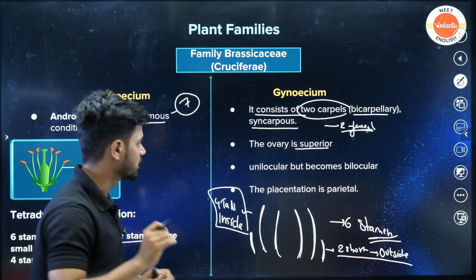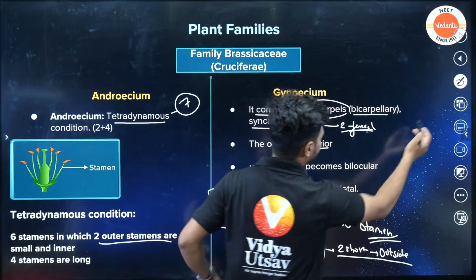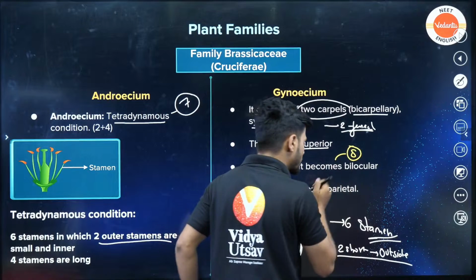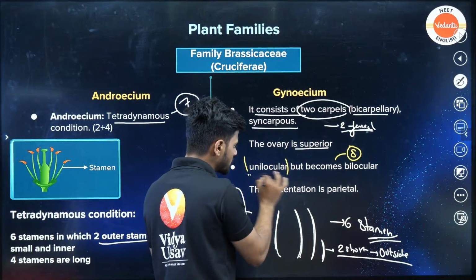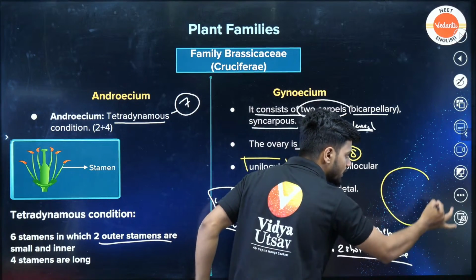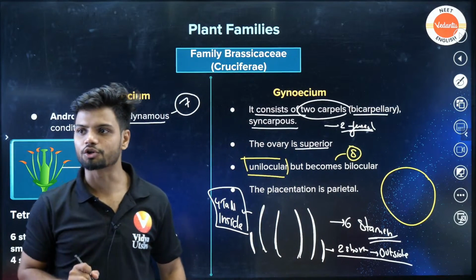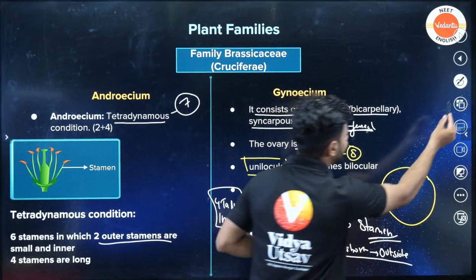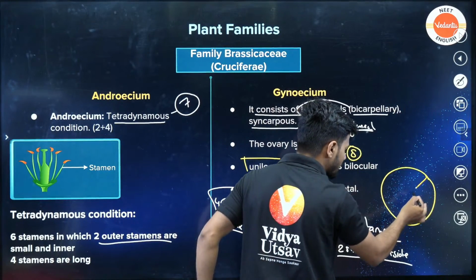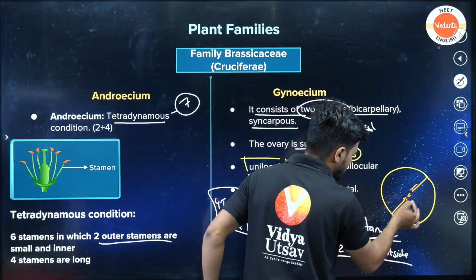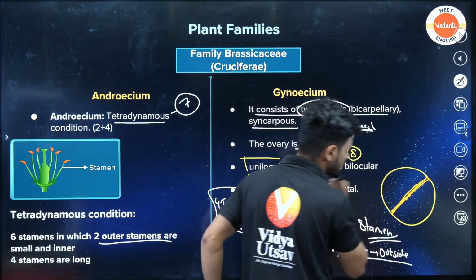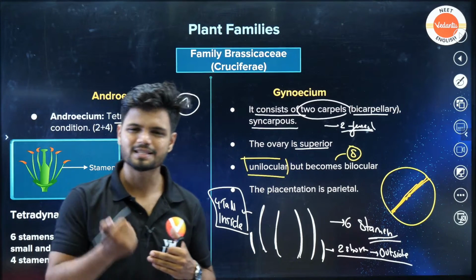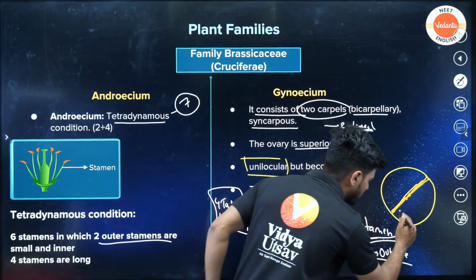Now this is the 8th point I want everyone to focus on. Remember students, initially there is a single locule. This single locule can become bilocular in the later stages because of the presence of a false septum called the replum.